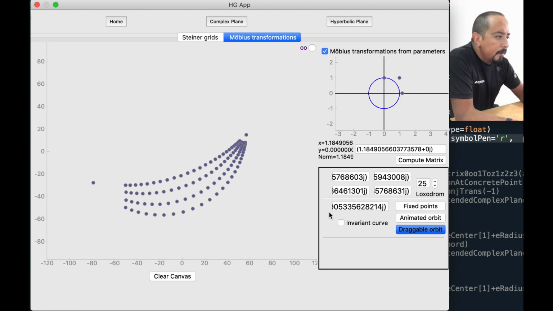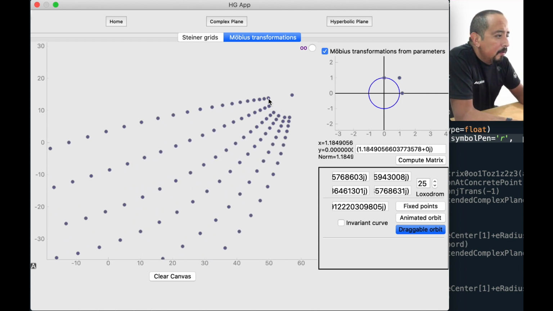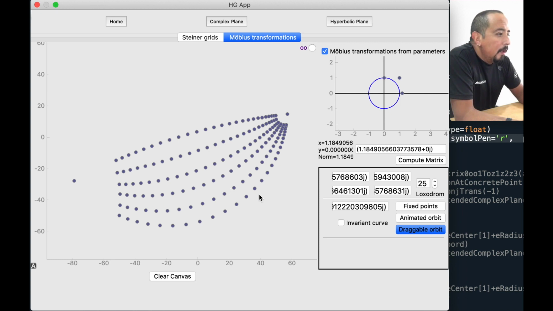I did it a few times. And so you see, I moved it a bit, and I didn't even do it so carefully. And you see here, there's a circle around here, right? But in any case, something you can see here is also the phenomenon of continuity.